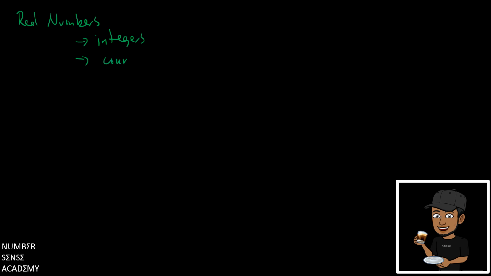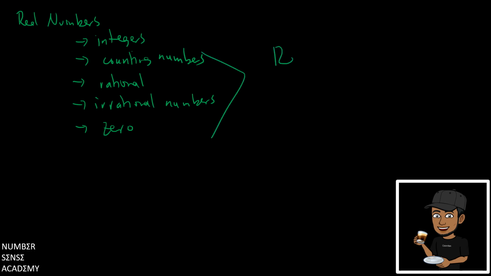So we can just put that down. We're going to include both rational and irrational numbers in this group. And of course, because we have the integers, that means 0 is there as well. So all these sets of numbers together make up what we call the real number system.